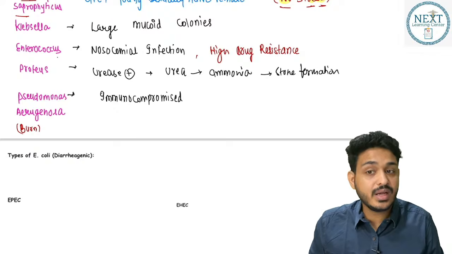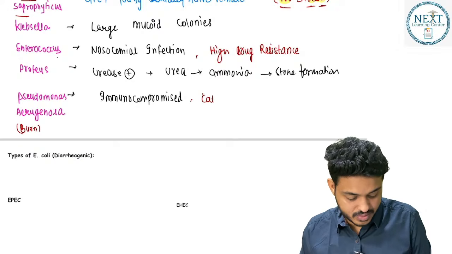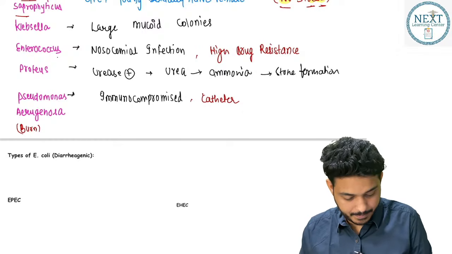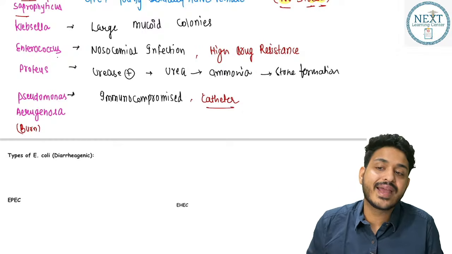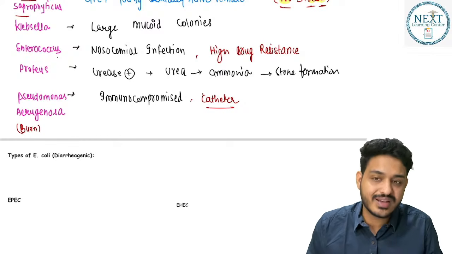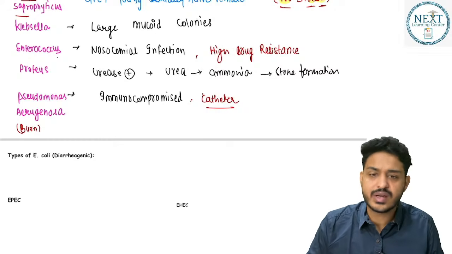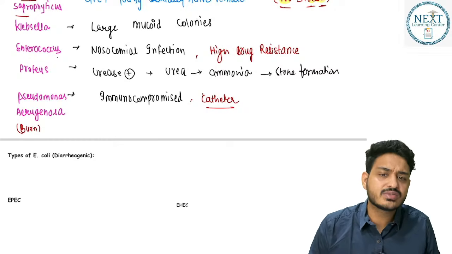This is going to be a long-term catheter insertion, right? So this is a catheter. Long-term catheter can lead to what? Again, Pseudomonas aeruginosa infection. The person is taking antibiotics, you are giving ceftriaxone, amoxicillin, azithromycin to the patient, but the patient is not getting recovered.